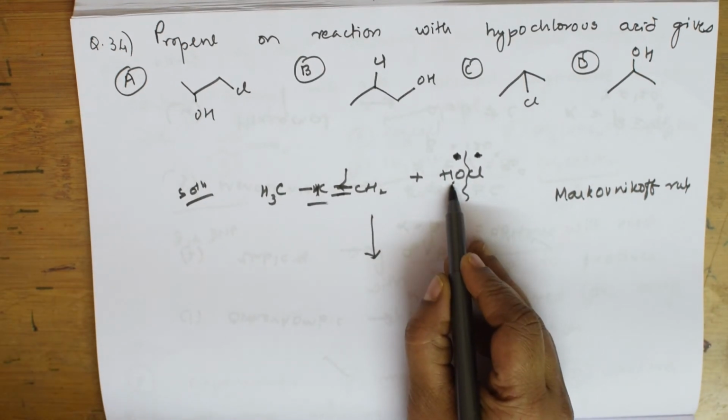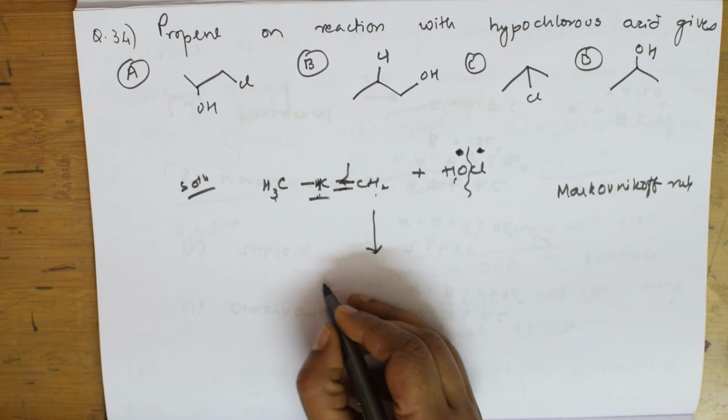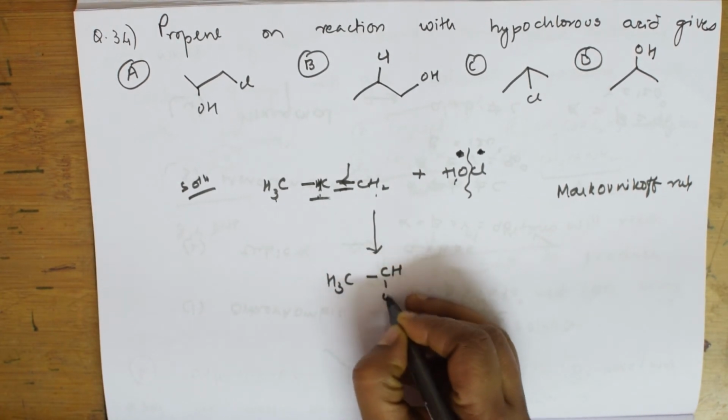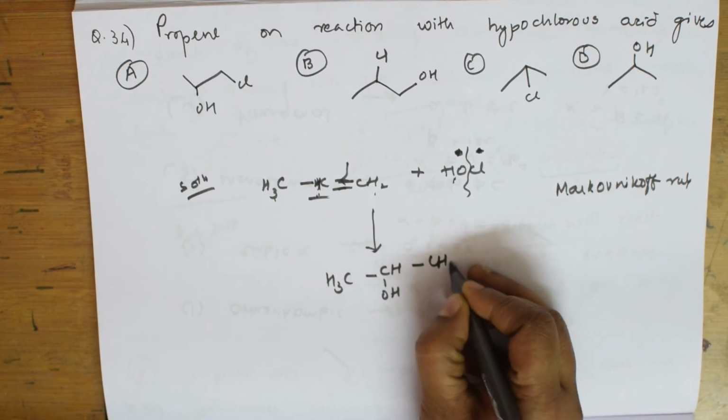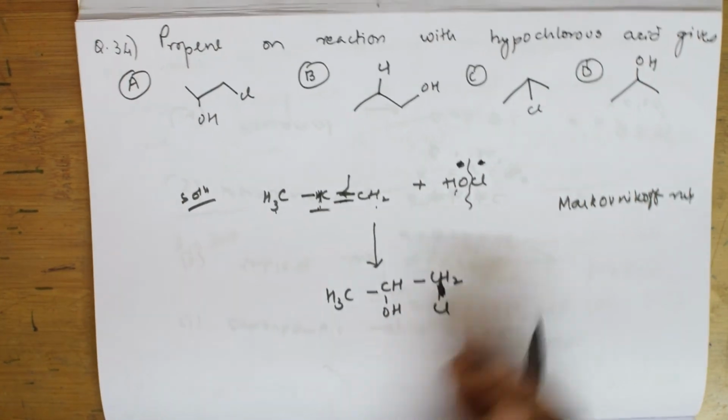Here, 3 hydrogens, here 2 hydrogens, here 1 hydrogen. So the OH bond breaks and the product is CH2Cl attached to carbon.